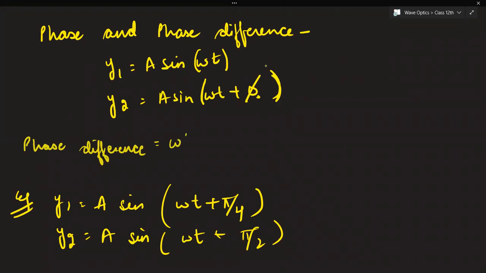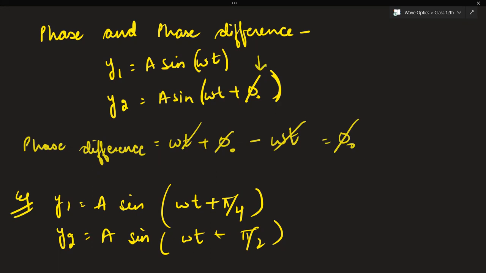If you subtract phase 1 from phase 2, omega t cancels, and it is equal to phi naught. This was the extra term that was coming, so this is exactly the phase difference that we are getting.